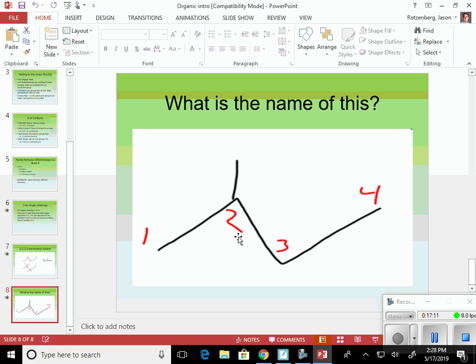So your goal today is to learn a little bit about how to name these organic molecules, these single bonded carbon chains, because next class, when I'm back, we're going to do double bonds and we're going to do triple bonds. So what I have on my notes for you to do is work on the back side of the organic naming and drawing practice.